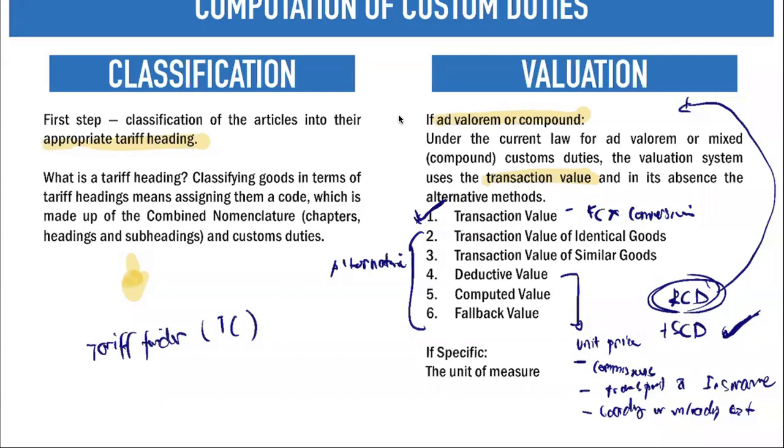Next, if we cannot get transaction value, we cannot get deductive value, then we can get your computed value. When we say computed value, you get the sum of the cost of the value and then the amount of profit and general expenses.